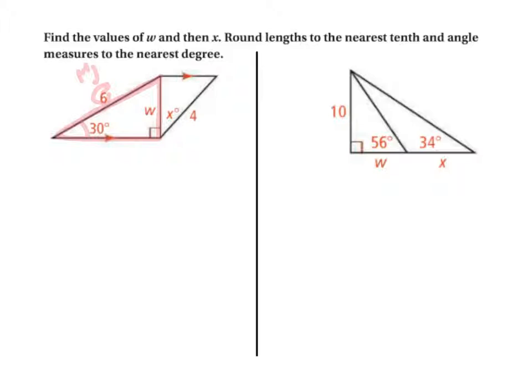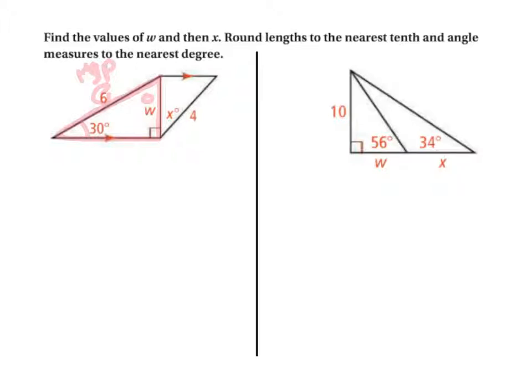Sorry, I'm trying to use this highlighter and that's terrible. That's a hypotenuse. Okay, and then the W is opposite. So maybe what I just need to write is H and O, right? Because that's what it's called in SOHCAHTOA.